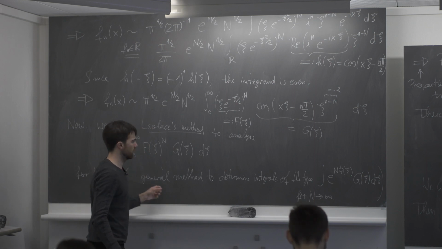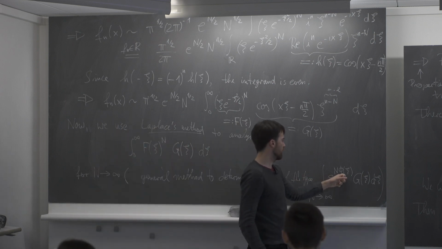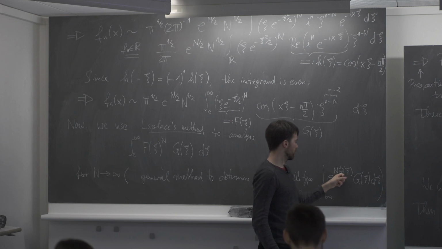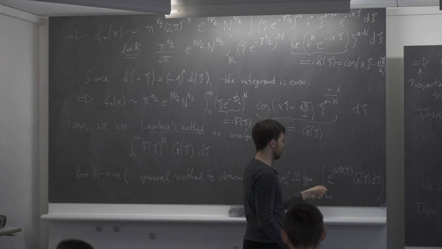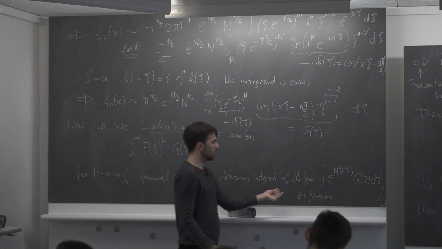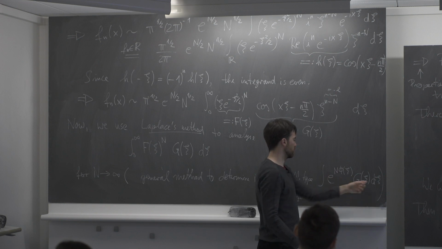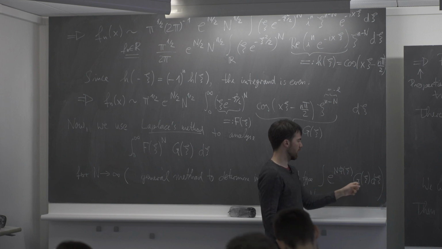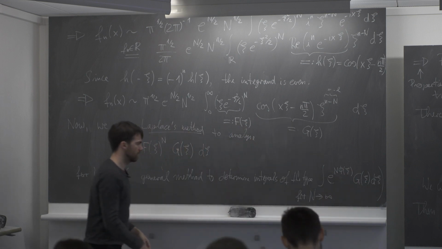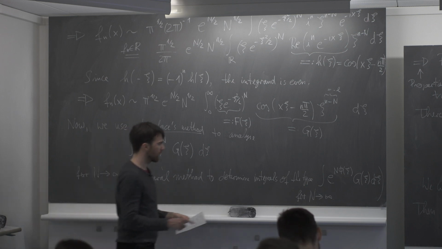And essentially what this Laplace method tells you is that if the phi has a local maximum, of course the phi has to go to minus infinity when xi goes to infinity, otherwise this will not converge. But then what happens when the n goes to infinity and the phi has just one global maximum, then in fact this whole integral will be determined by some Gaussian integral or up to some n factors here determined by the maximum. But apart from that, it will be a Gaussian integral times the g evaluated at this place at the maximum.